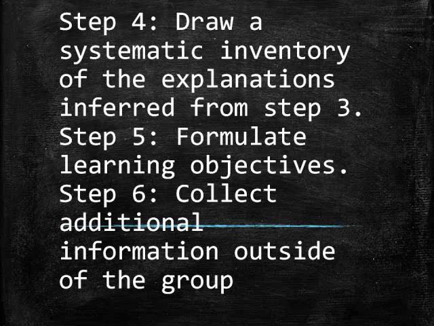In this instance, Schmidt has the members of the group going outside of the group to collect the additional information and then coming back. In the classroom setting, we would have the students use their textbooks or go online and look up information. They don't necessarily need to split up.